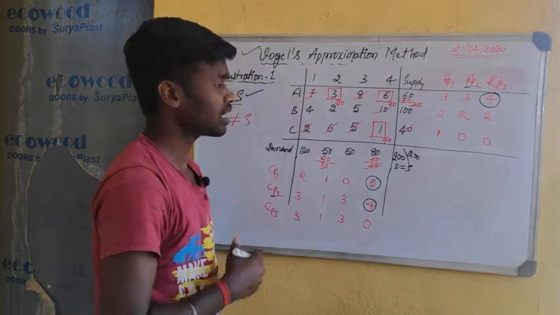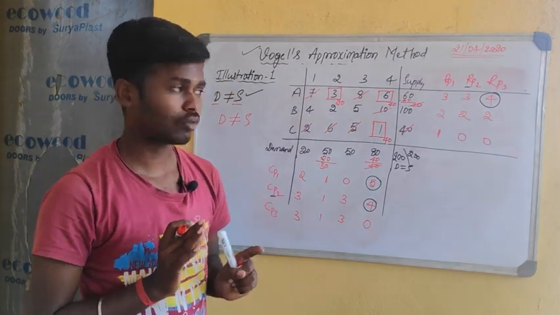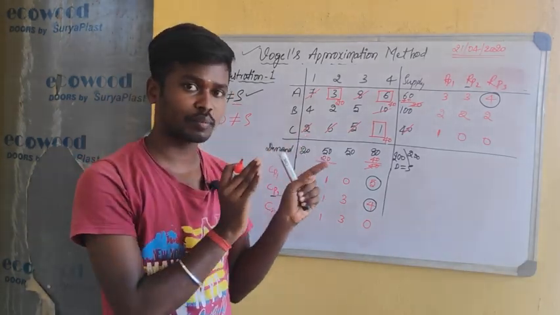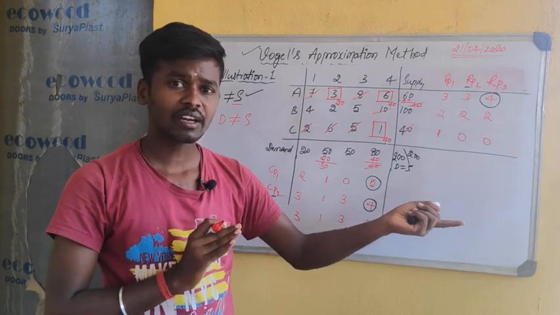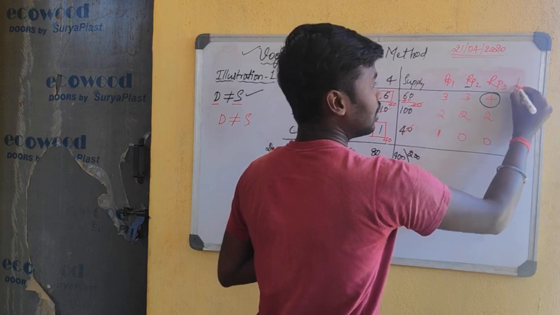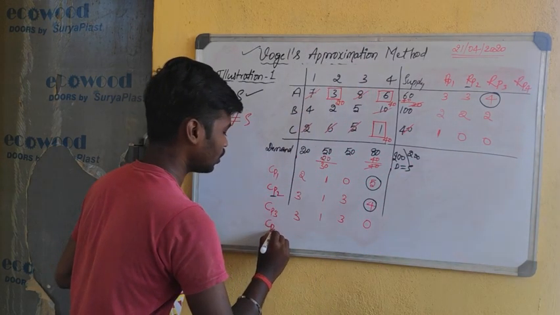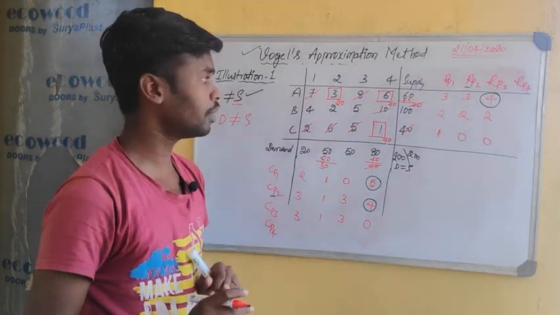Next step: of course, we are going to calculate the row penalties and column penalties. I will tell you where it will stop. Until then, you are going to calculate the row penalties and column penalties, okay? See, this is the important step.